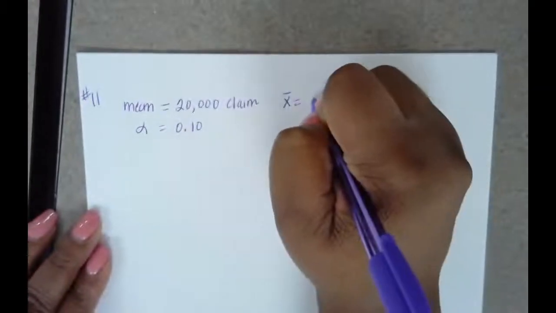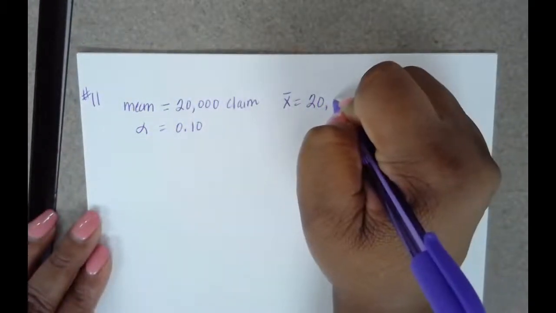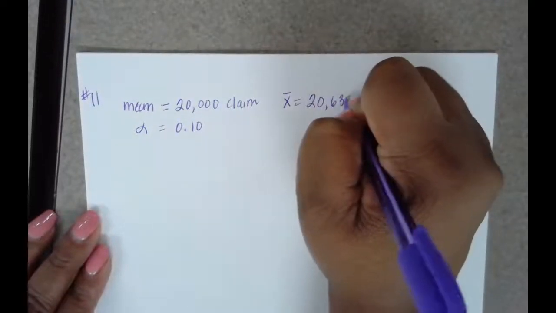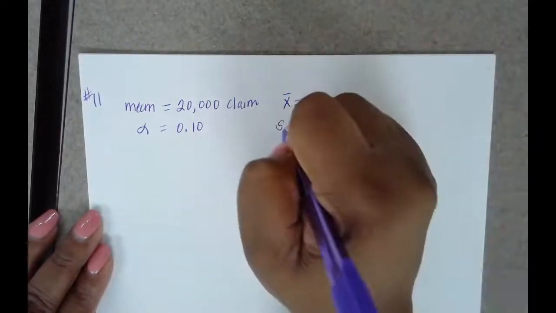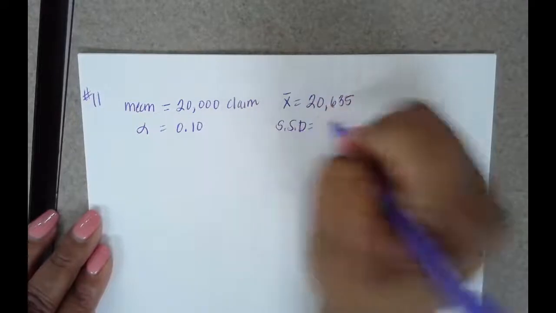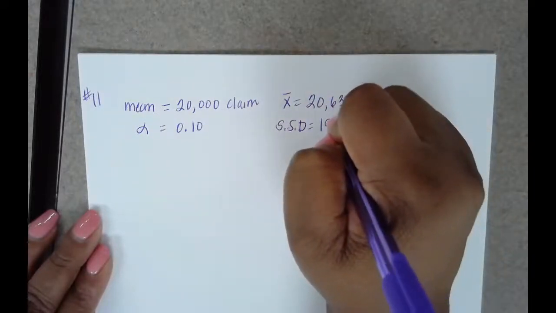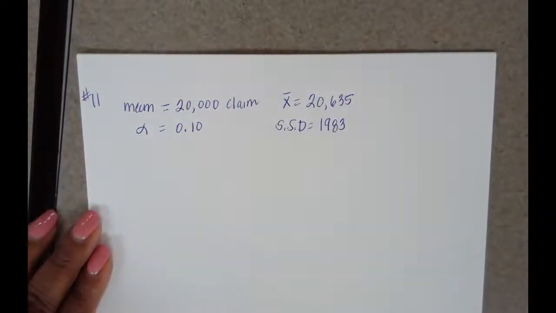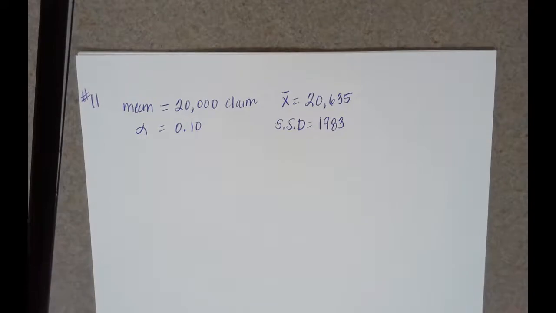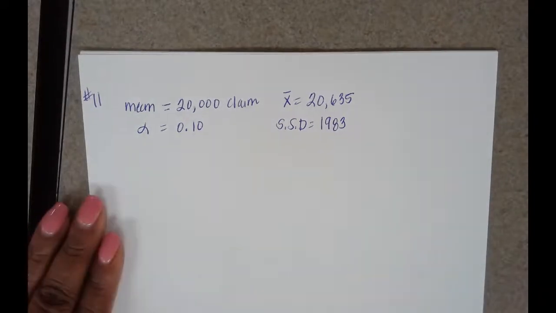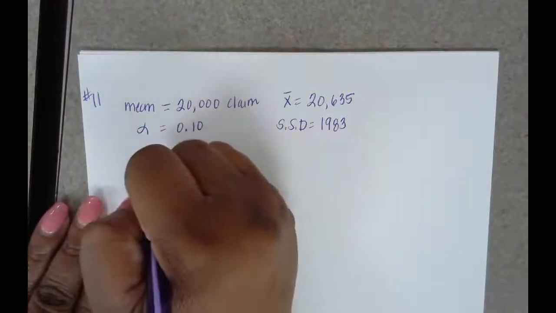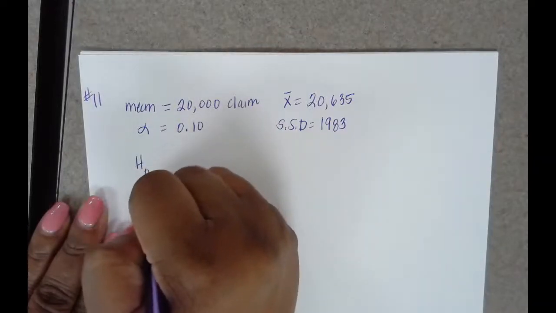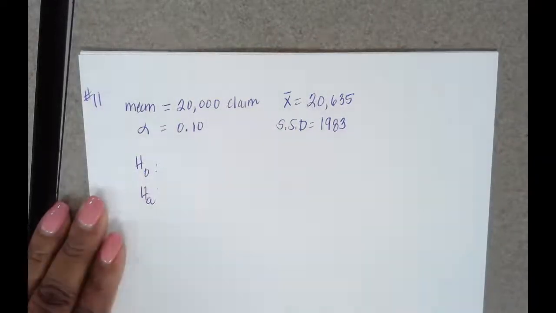From here, I also know from the context that there is a sample mean of $20,635 and a sample standard deviation of $1,983. I can write my null and alternative hypothesis based off of what I'm given.